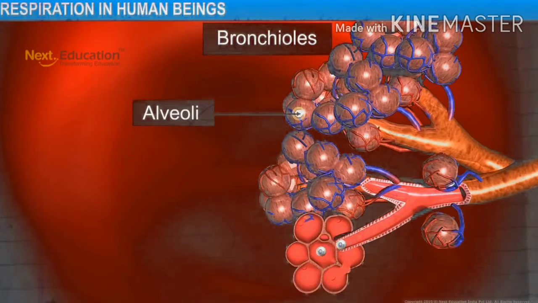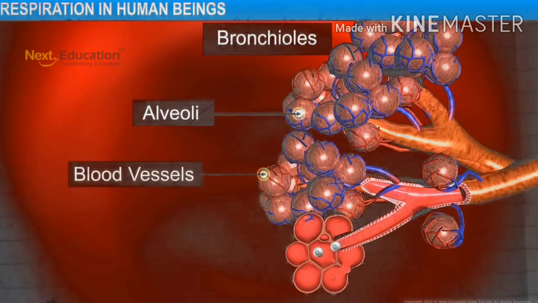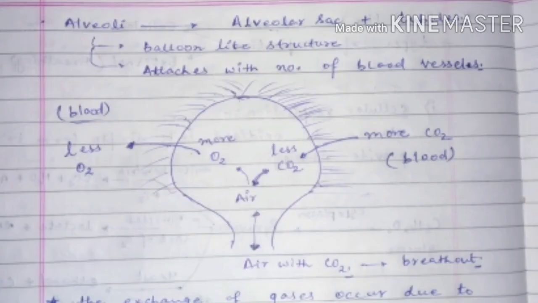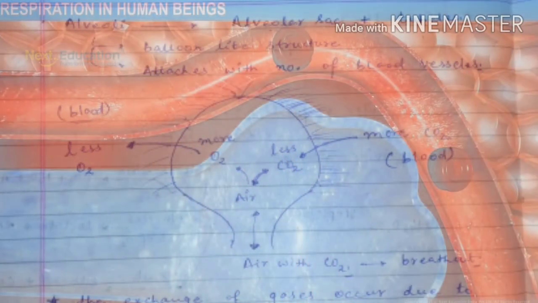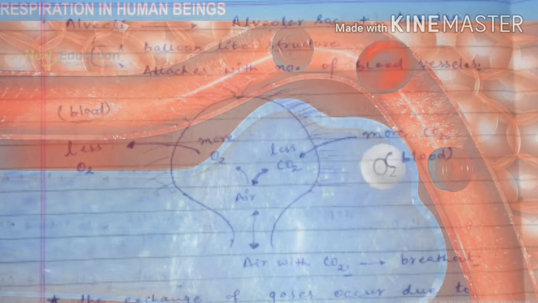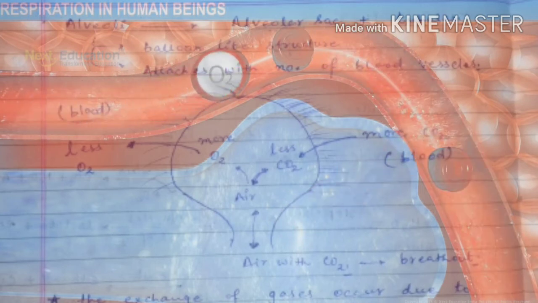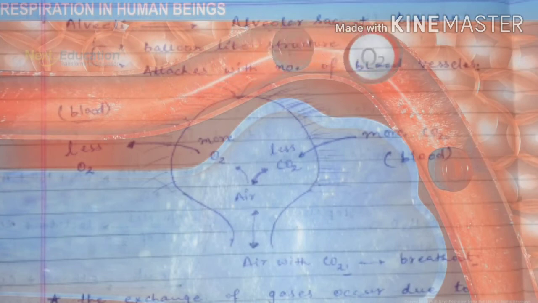These alveoli have a balloon-like structure and are attached to numerous blood vessels. As the air enters the alveoli, it contains a high concentration of oxygen and a low concentration of CO2, while in contrast the blood has more CO2 and less oxygen.